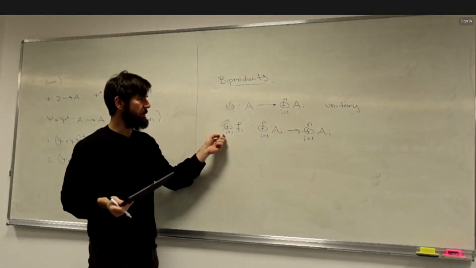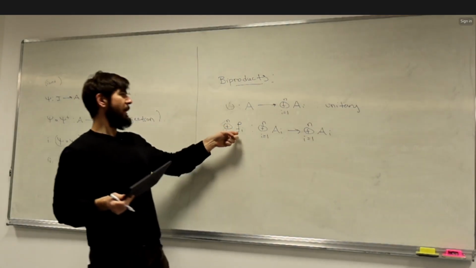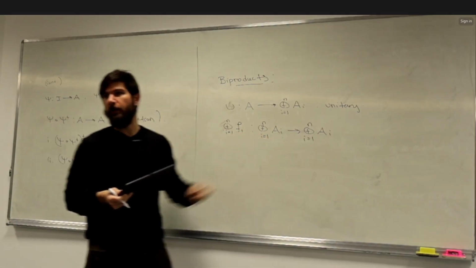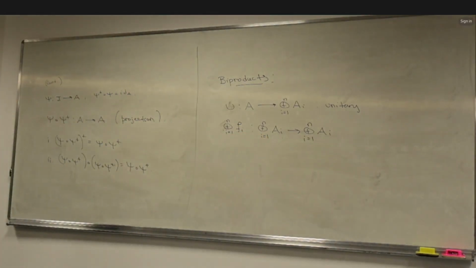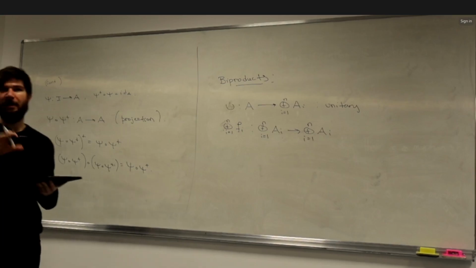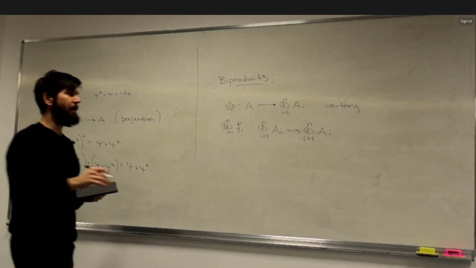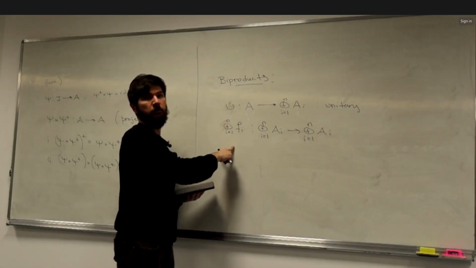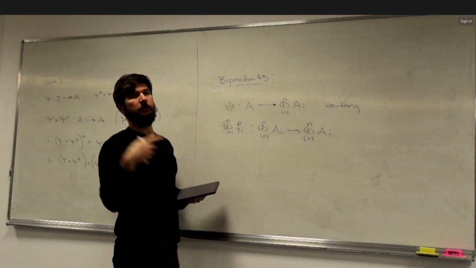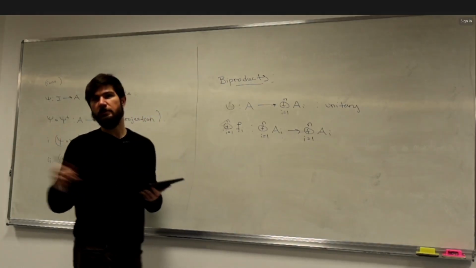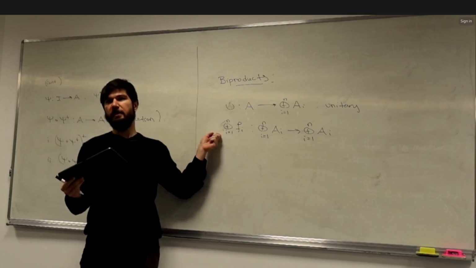These do precisely what you would want them to do. That is, they act the morphism f_i on the appropriate part of the direct sum. So after you do a measurement, you're going to have these different observational branches, and you're going to perhaps apply a different morphism or a different unitary to correct for the different measurement outcomes. So you want morphisms that act like this.